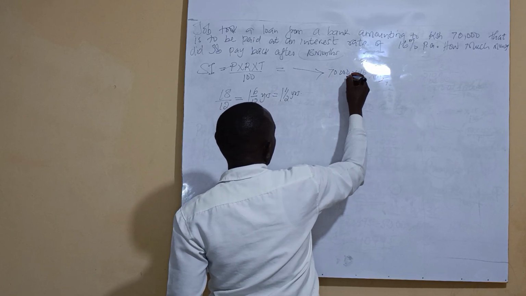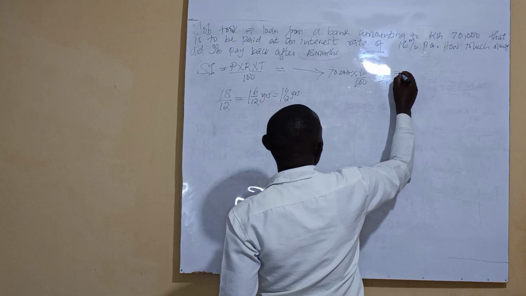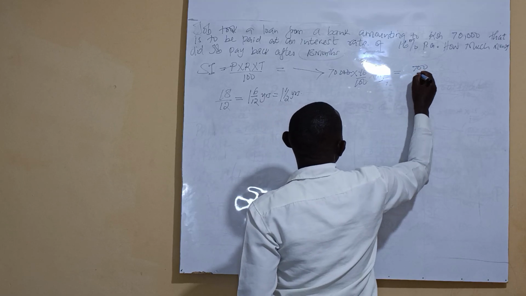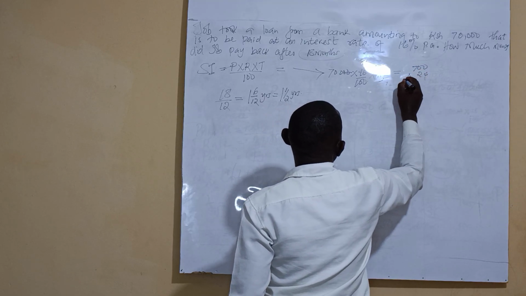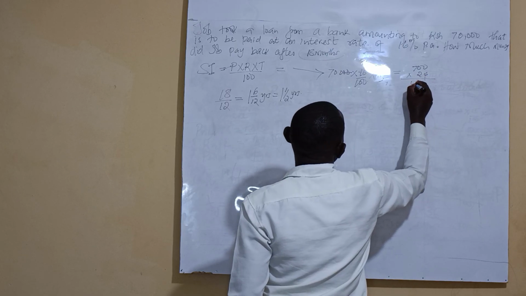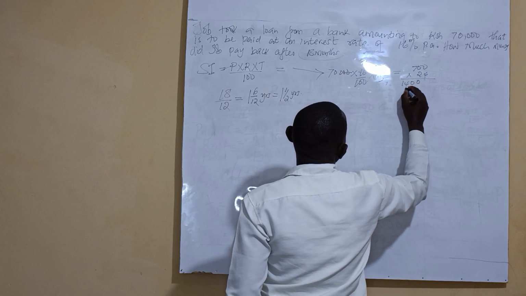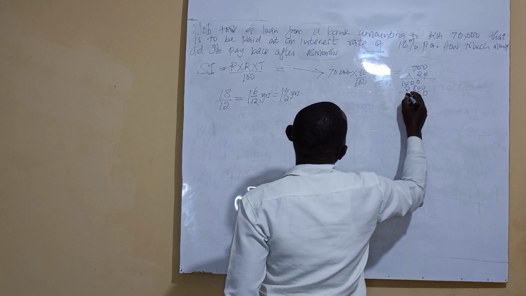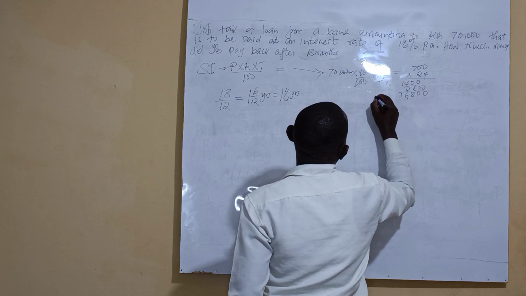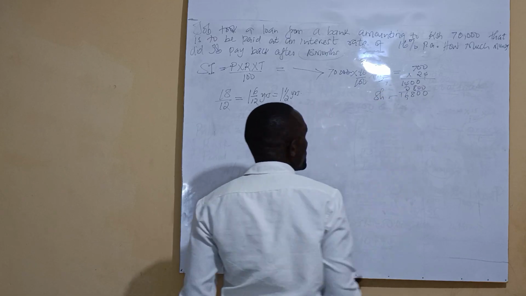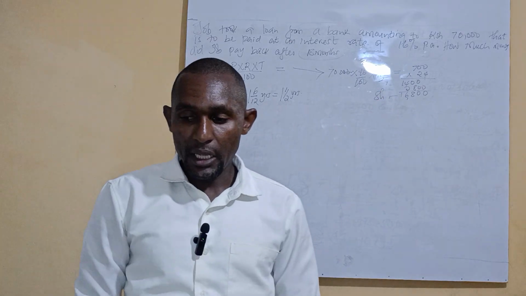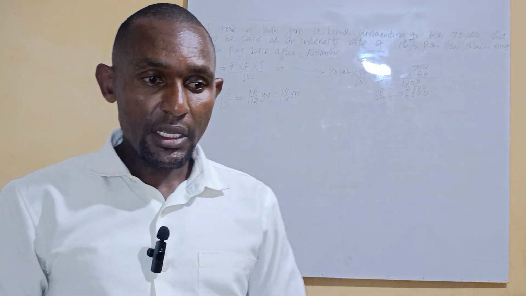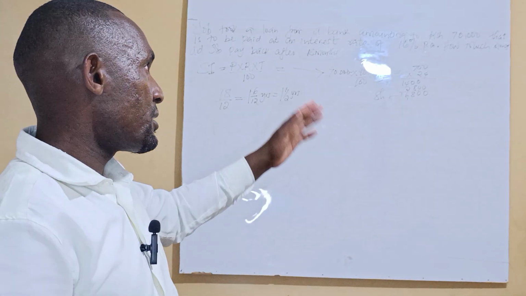Then 2 zeros here, you go with 2 zeros. So it is going to be 700 multiplied by 24, and you're going to get that the interest is 16,800. So this one is going to give us an interest of 16,800.